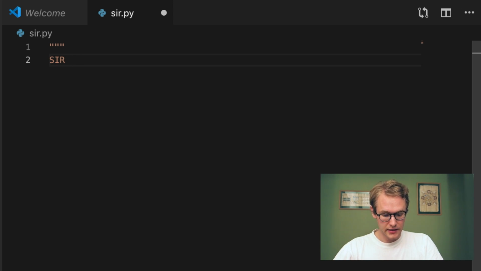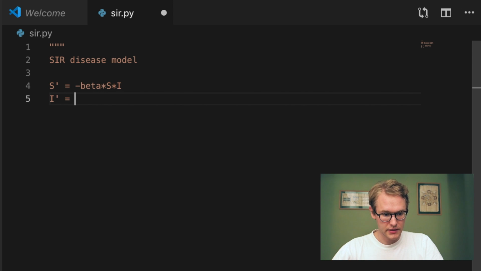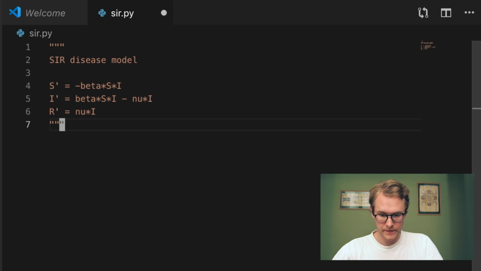So it's an SIR model. We have the derivative of s, which equals minus beta times s times I. And we have the I derivative equals beta times s times I minus nu times I, and, just as we just wrote up, the derivative of r is nu times I. That should be it.